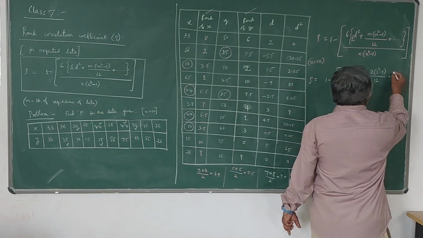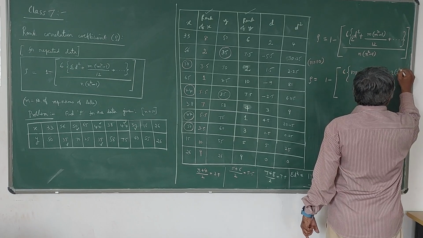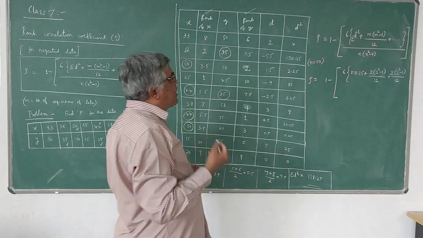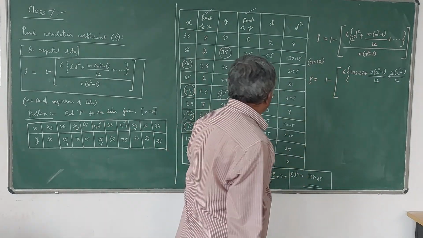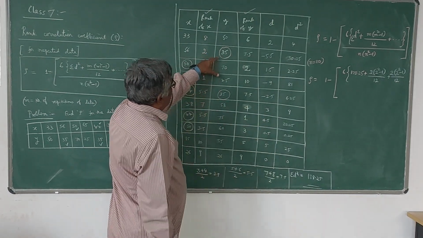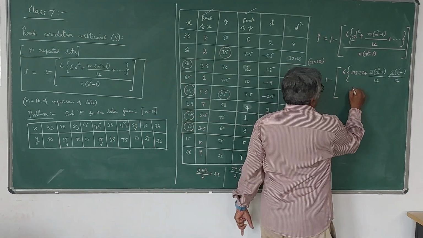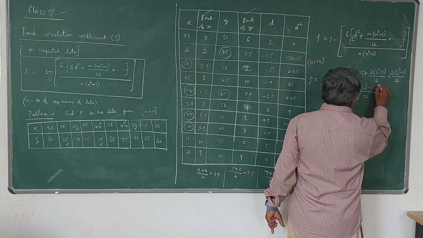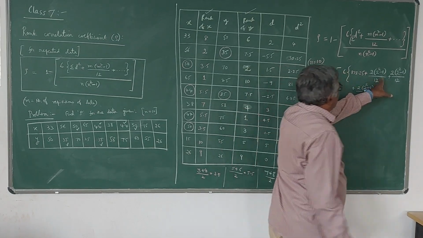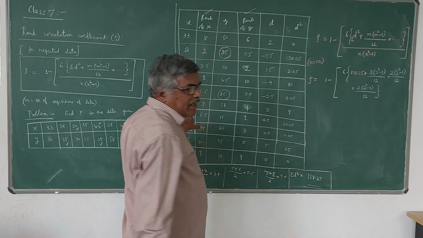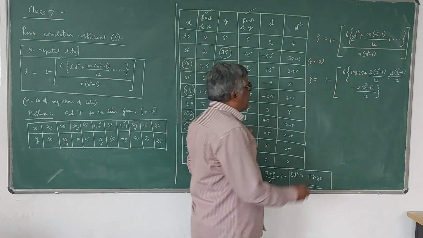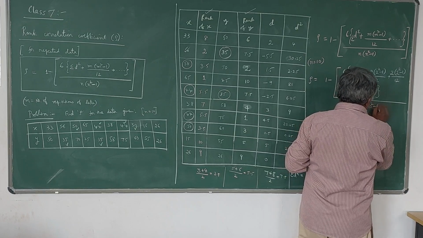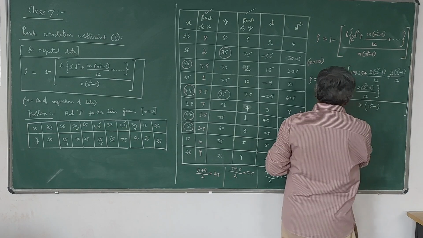So there is one more term, 2 into 2 square minus 1 divided by 12. Suppose if it is repeated 3 times, m becomes 3, so 3 into 3 square minus 1. Next for y there are 2 repetitions, therefore plus 2 into 2 square minus 1 divided by 12. That's all. So totally you'll have 3 terms here, because 2 terms are repeated in x and 1 term is repeated in y. This is divided by 10 into 10 square minus 1. So this is the substitution.